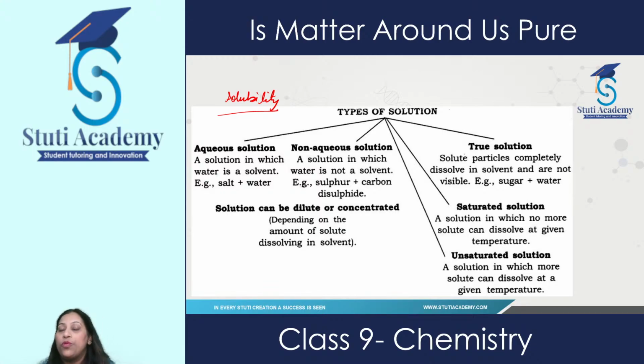So how can we prove it? You can take an example of a few solutes. For example, sodium chloride, NaCl, or ammonium chloride, NH4Cl, or potassium chloride, KCl, and dissolve all these solutes in a solvent, like 50 ml of water at 20 degrees Celsius.